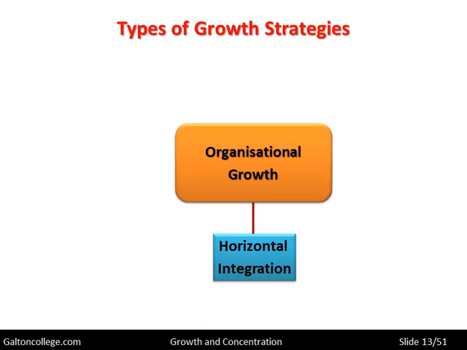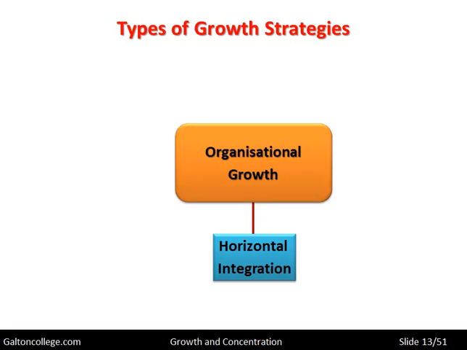It's horizontal integration. It might collaborate with another shop on the high street, or it might open a new one itself. It's horizontally integrated. It's integrating at the same level, the same distance from the final customer.